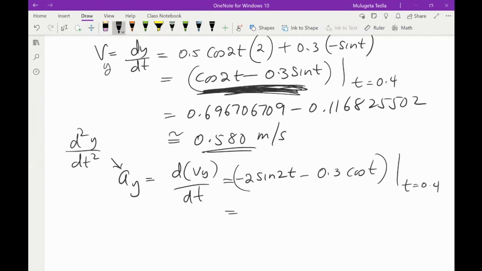So sine of 0.8 times 2 is negative 1.434712182, minus 0.3 times cosine of 0.4, which is 0.276318298.